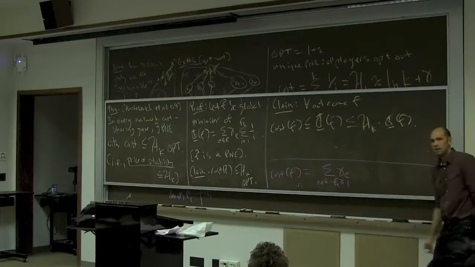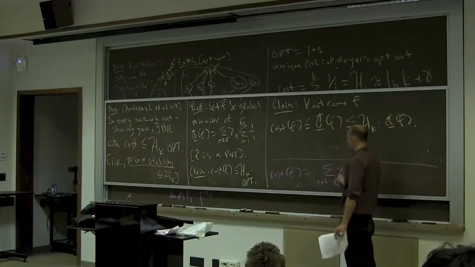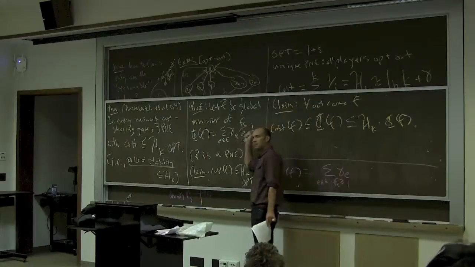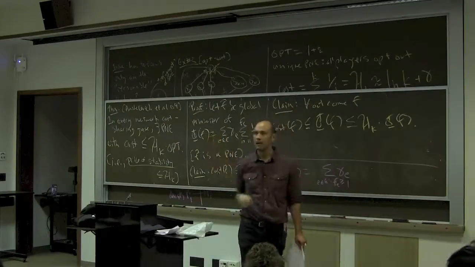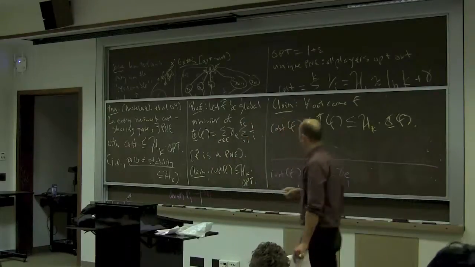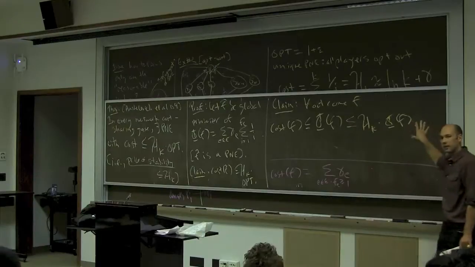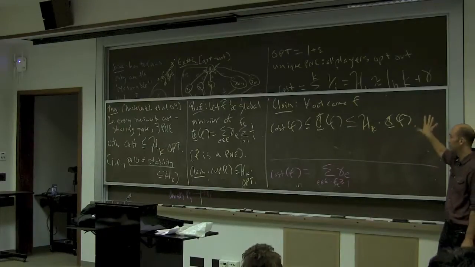And this is just true edge by edge. Fix your edge e. This is gamma_e times 1. This is gamma_e times something which at its largest is when all the players are using it, and then it's exactly H sub k. So this is the sense in which phi is almost the correct function, and it's exactly what this Nash equilibrium is optimizing. So therefore, it should be near optimal for the real objective.